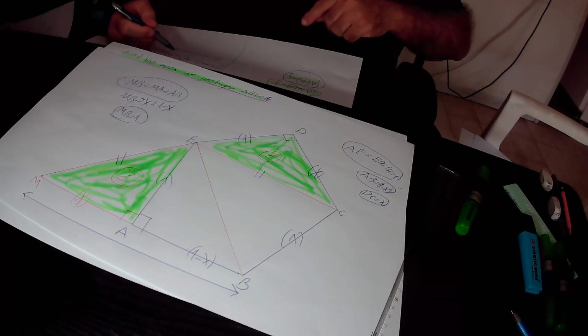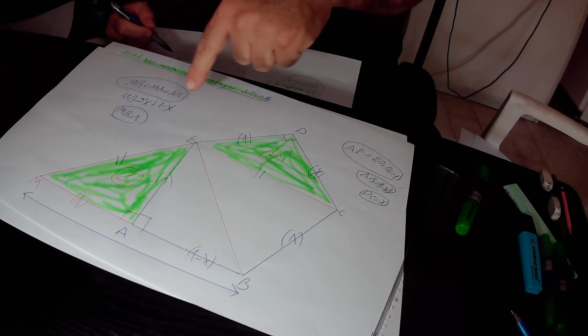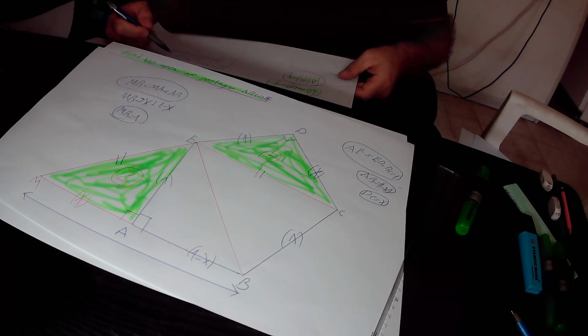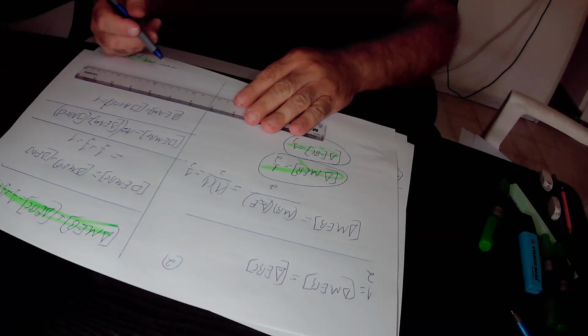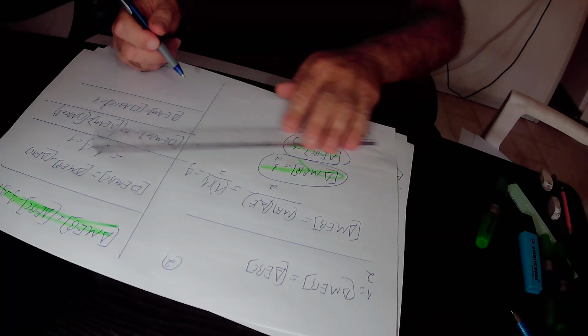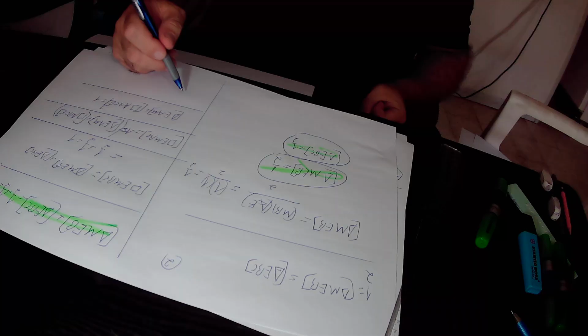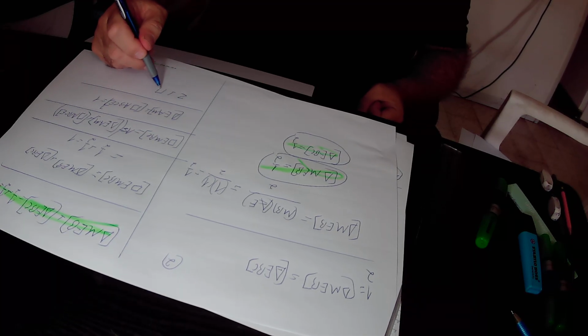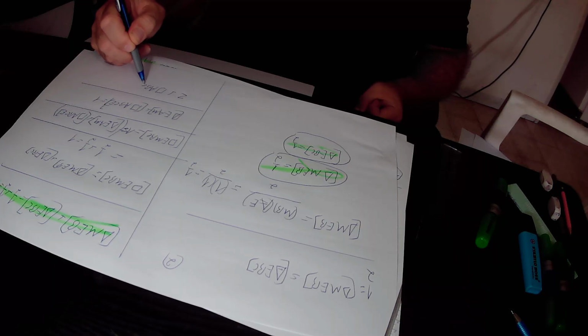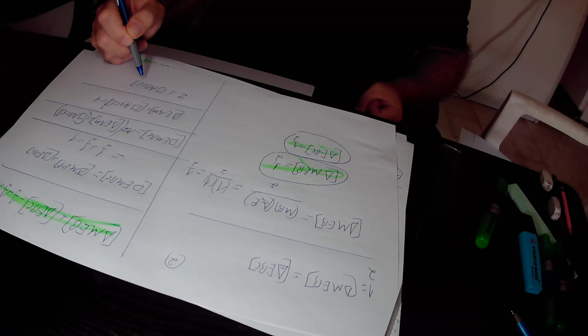But according to our definition, the area of this triangle EMA equals Z. So you can substitute the area of triangle EAM by Z. And we get that Z plus the area of quadrilateral ABCE is equal to 1.